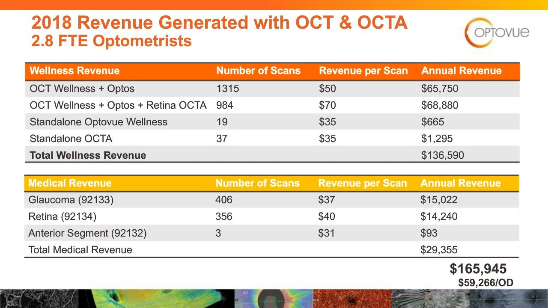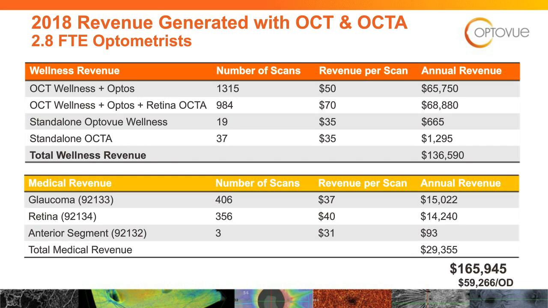So with that all being said, we had a few people doing a standalone OptoView. We had a few standalone OCTAs. Our wellness program in 2018 generated $136,590. So that is our wellness program, and we do a pretty nice amount of medical in our practice.